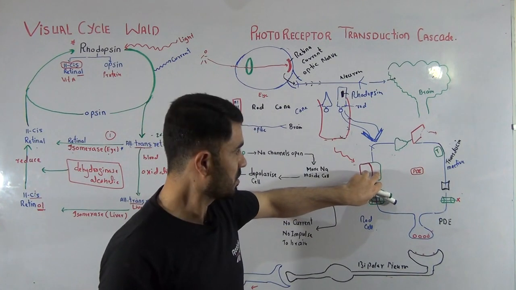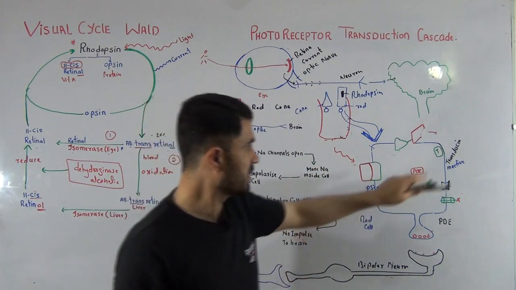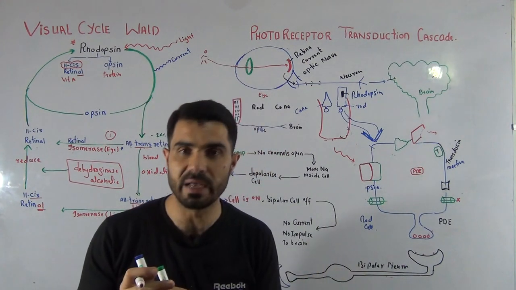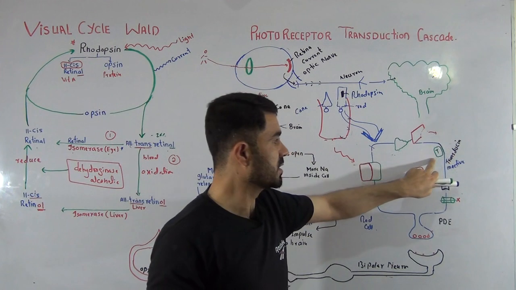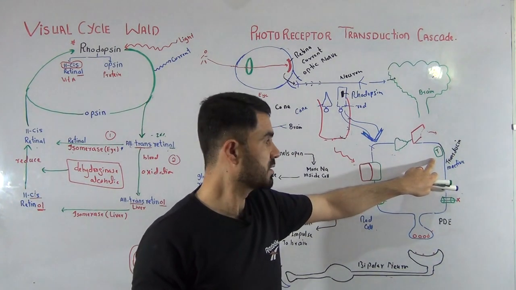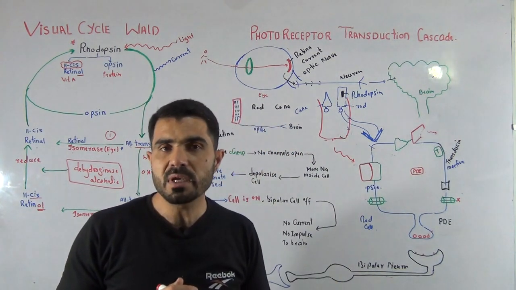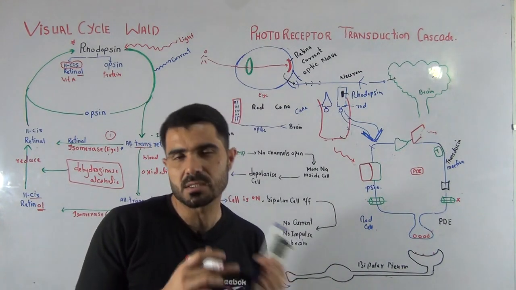Beside this rhodopsin, what other molecules do we have? There is one more molecule called transducin, T. Normally it is at rest, inactive.